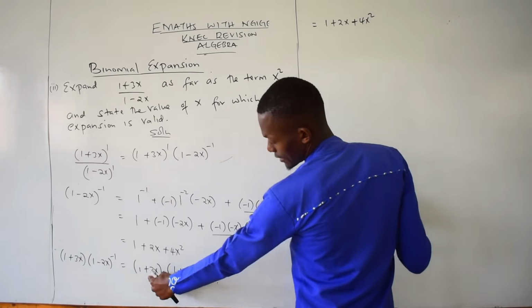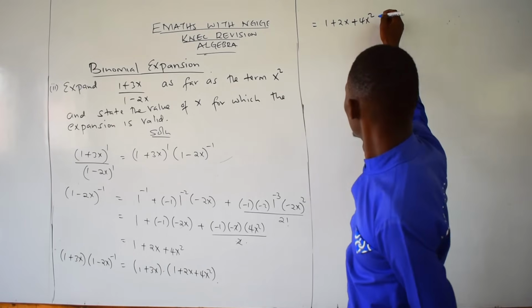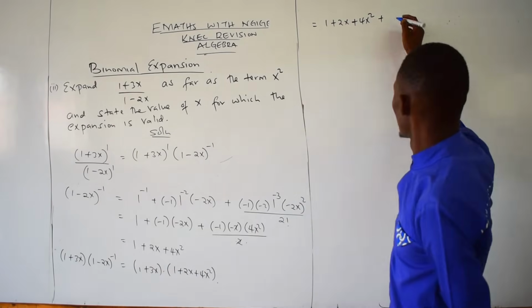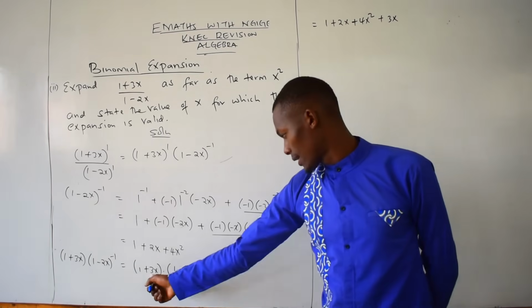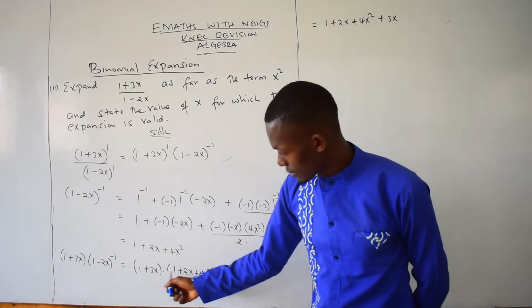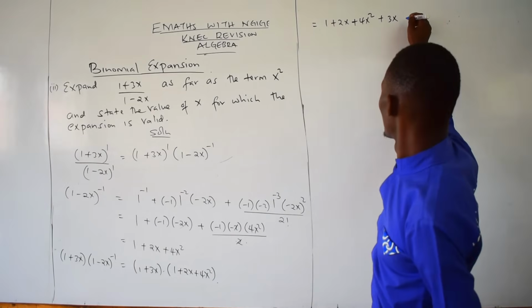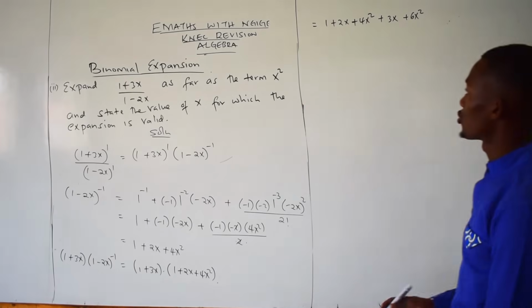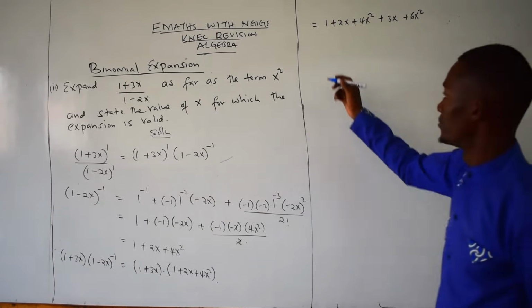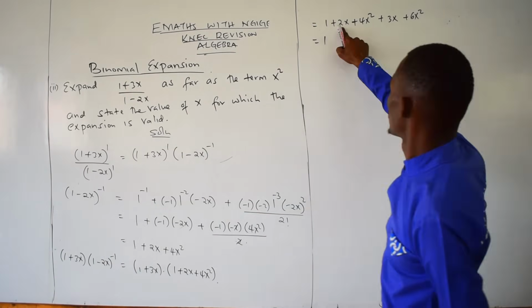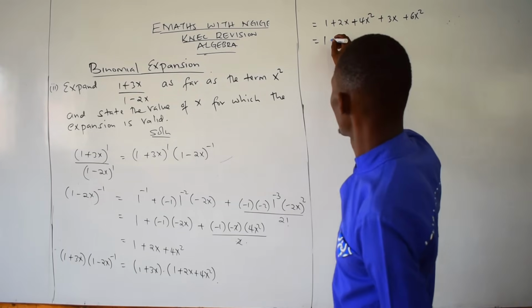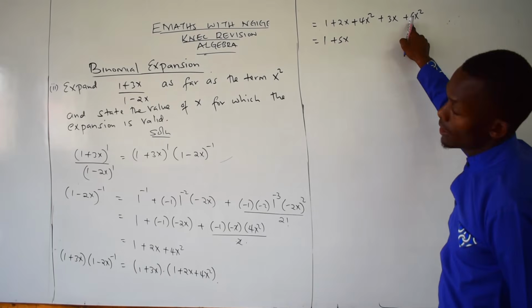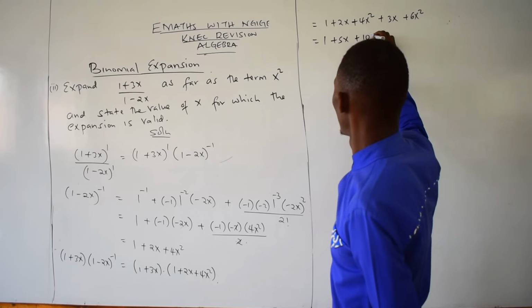Then 3x multiplies the same function again, so we shall have plus 3x times 1, 3x. Then 3x times 2x, which gives you 6x squared. This term multiplies with this, it becomes cubed, so we are only interested up to power 2. So we shall have 2x plus 3x gives you 5x. Then you have 4x squared plus 6x squared, which gives you 10x squared.